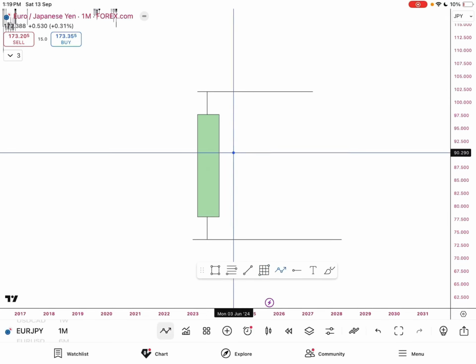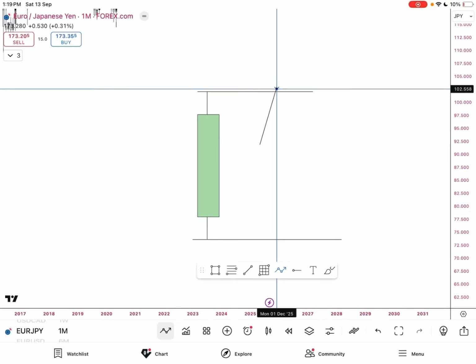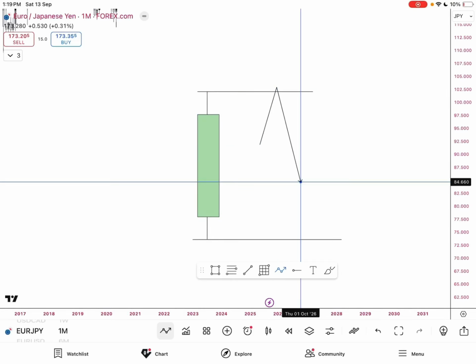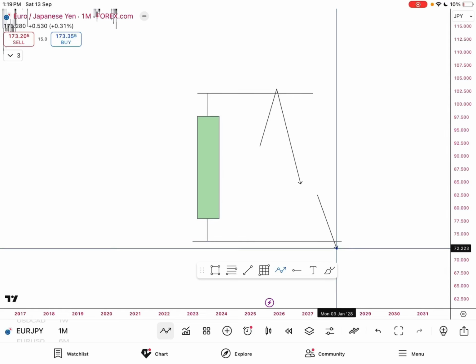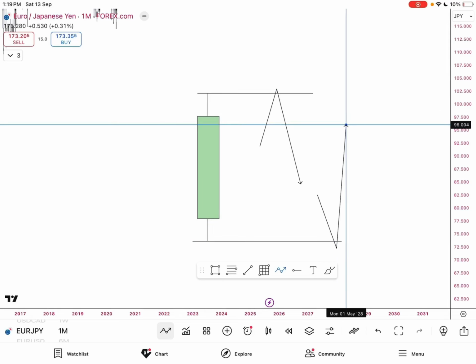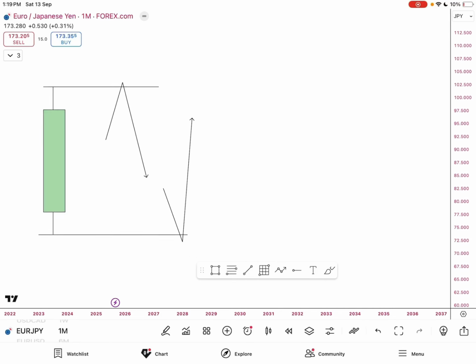So when the price takes out these highs and lows, it is called external liquidity. So what are called external liquidity? Previous week's highs and lows, previous month's highs and lows, previous day's highs and lows. These are called external liquidity.